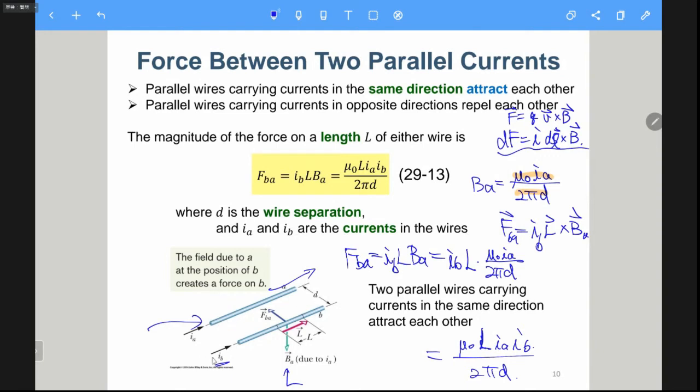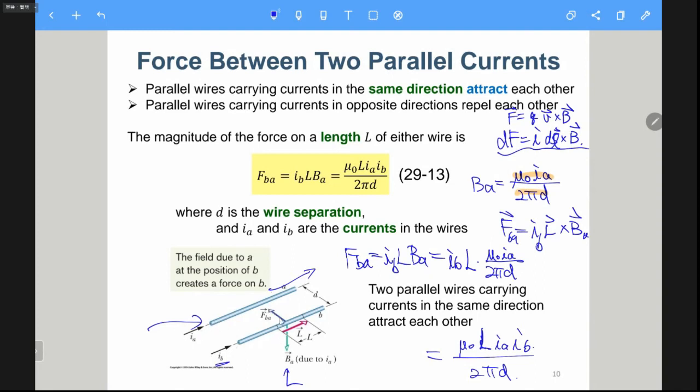So if we have two wires parallel to each other, we use an expression like this to calculate the attracting or repelling force. Here we assume IA and IB point in the same direction.